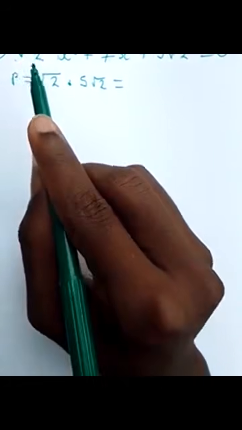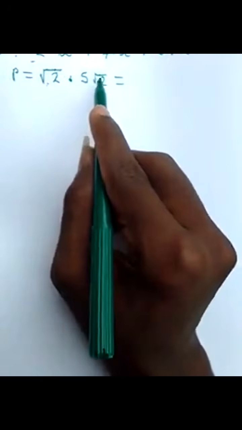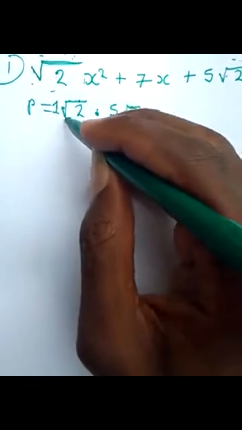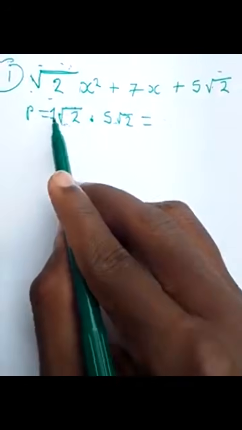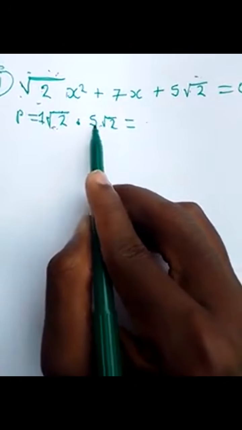Remember, if you're multiplying radicals and these two square roots are the same, what happens? Here in front of this square root, it's like there's a 1, right? So you're going to say 1 times 5. You multiply those that are not the square roots.